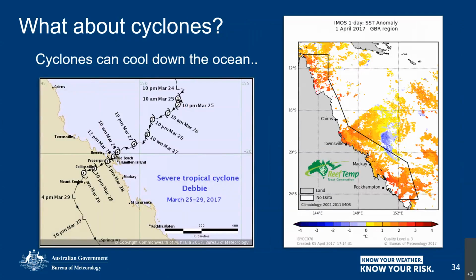Thanks. Now, just a quick note on cyclones. Cyclones can cool down the ocean. Previously we talked about what happens in an El Nino year in the Great Barrier Reef. There's a well-known link between elevated temperatures and El Nino, but we're also seeing more events occurring in years known as ENSO neutral, El Nino Southern Oscillation neutral years.